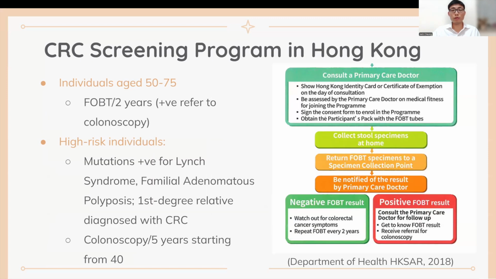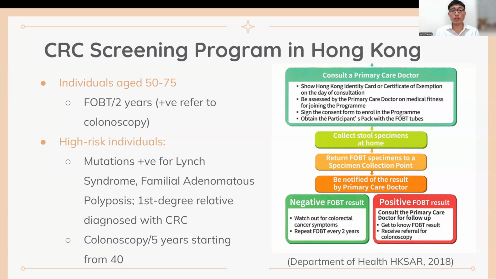For the CRC screening program in Hong Kong, the government recommends individuals aged 50 to 75 to perform FOBT tests every 2 years. In case any positive case is found, they are referred to colonoscopy. These are for the general population.